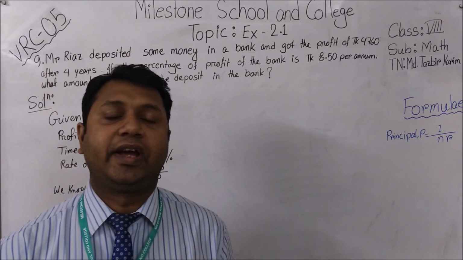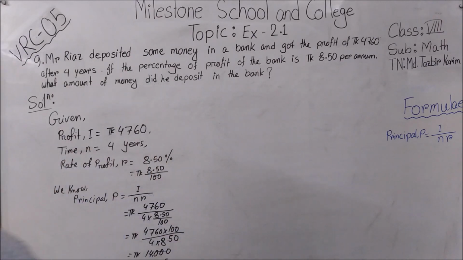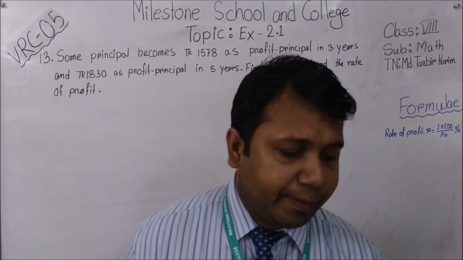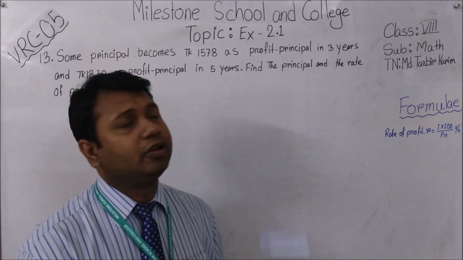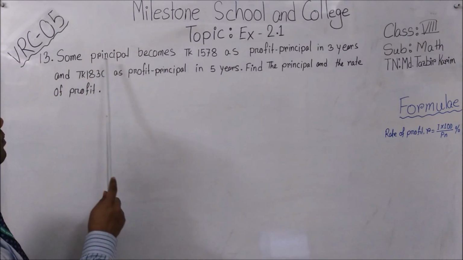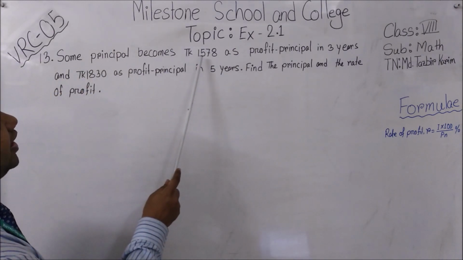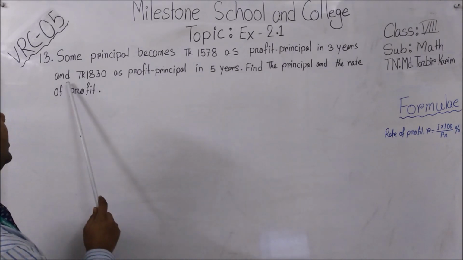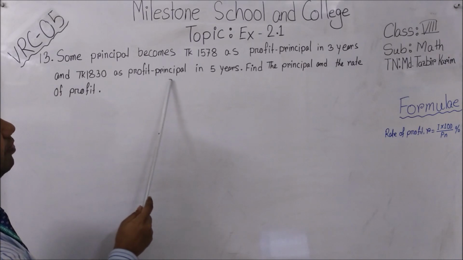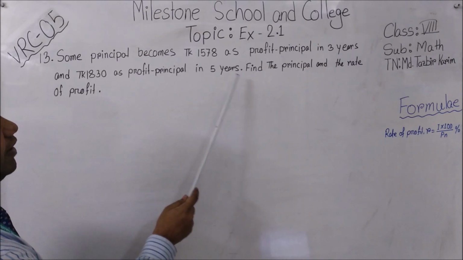Now we are going ahead to the next math of this chapter. Okay, my dear students, here is question number 13 of your book. That is, a certain sum of principal becomes taka 1578 as profit plus principal in 3 years and 1830 as profit plus principal in 5 years.